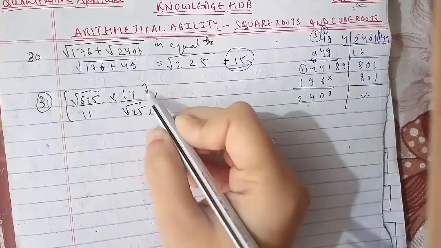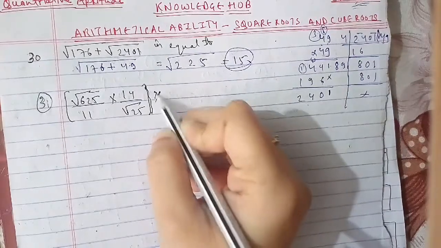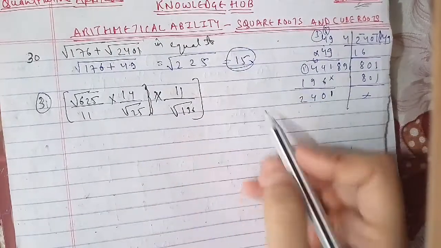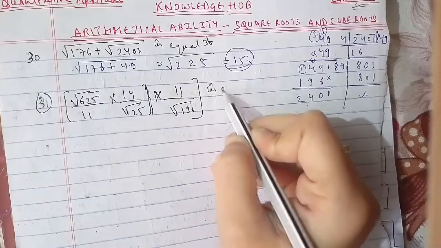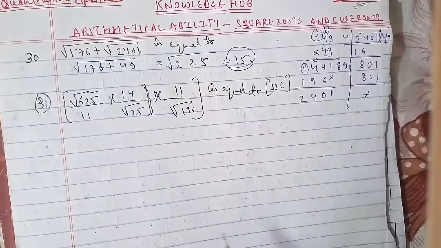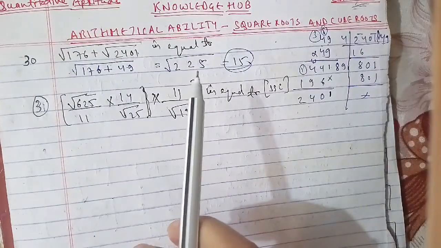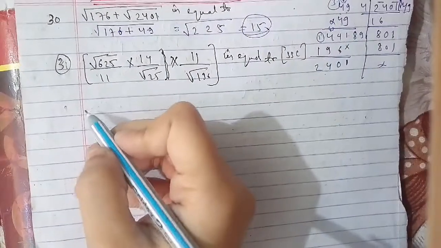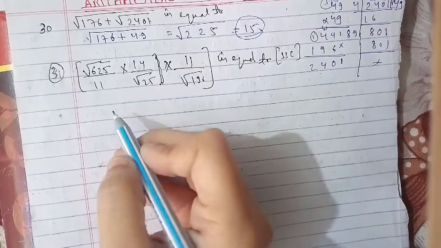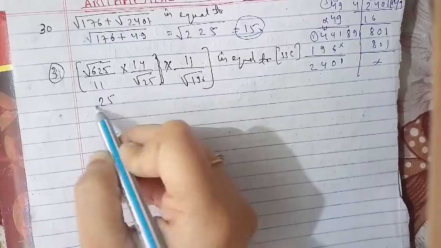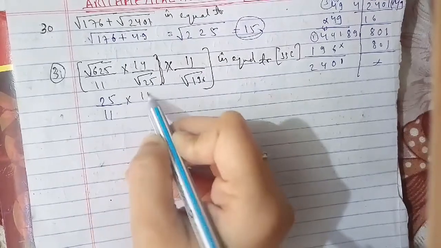So let's go ahead for that as well. For the given expression, we have the square root of 625 is 25, upon 11 into 14, and the square root of 196 is 14. We'll cancel it out: 11 cancels, 14 cancels, and 5 fives are 25.